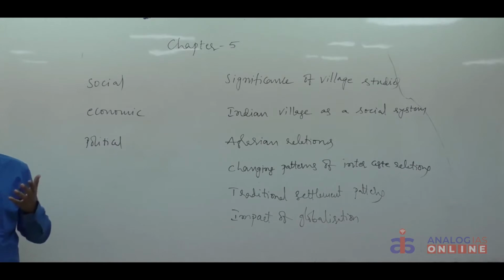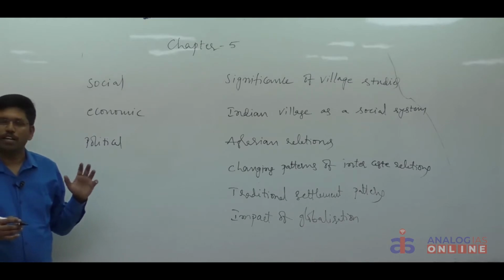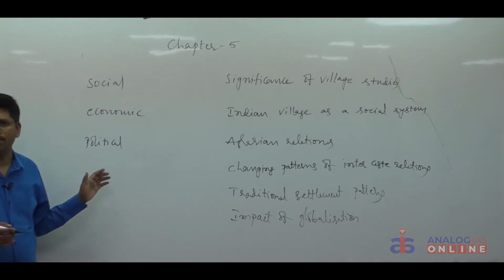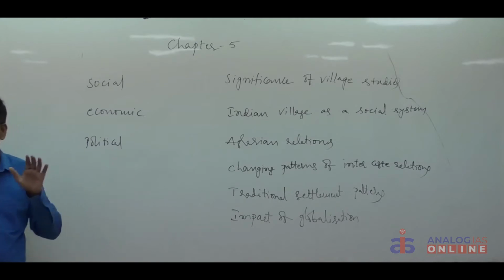In the beginning, the need for democratic decentralization was felt because of the village studies conducted by different anthropologists and sociologists. After its implementation also, to understand how democratic decentralization is working, what problems we are facing and how to overcome them, we need to study the villages so that we can make democratic decentralization successful.